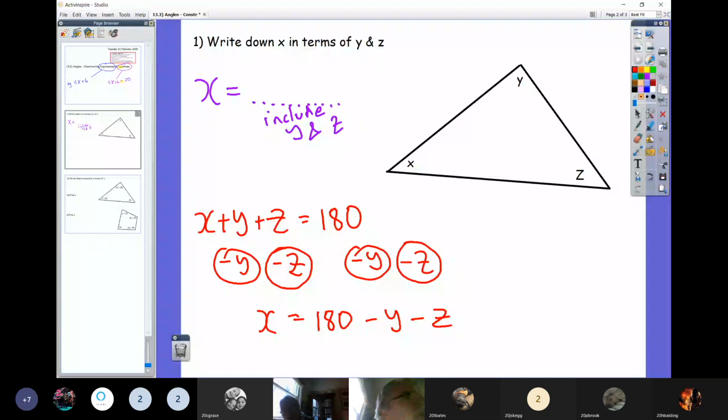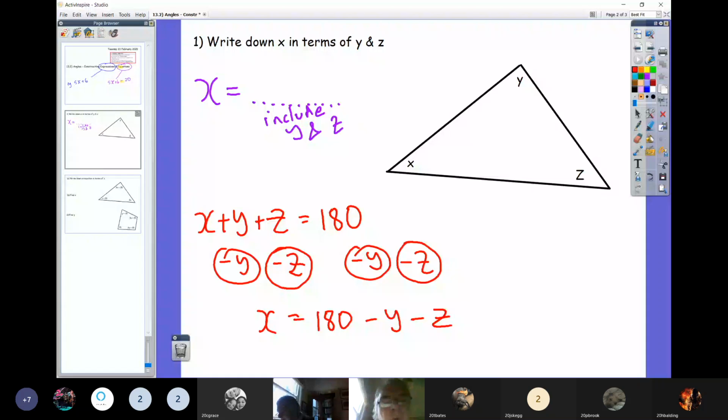So I've got to have my final answer being x equaling something. And on that right-hand side, part of my answer is going to be including the terms y and z. So I expect as you go into these, I might need to help you a little bit, but it will click. You will see what's going on. So there are going to be some questions on the worksheet that look a little bit like that.